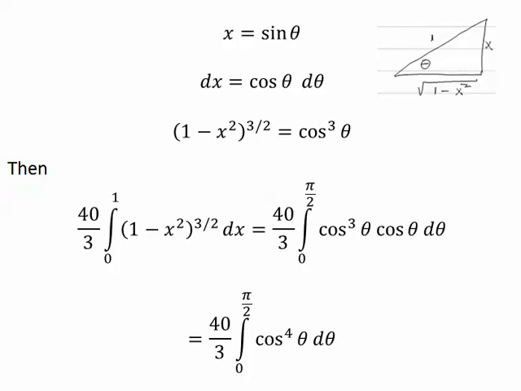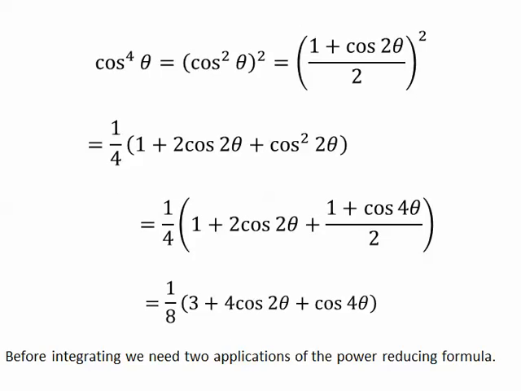I don't know, take a deep breath. We still have some work to do. Cosine to the fourth theta, what we're going to have to do for that is 2 iterations of the power reducing formula, or you might know it as the double angle formula. So cosine to the fourth is cosine squared squared, and then cosine squared is just 1 plus cosine of twice the angle over 2.